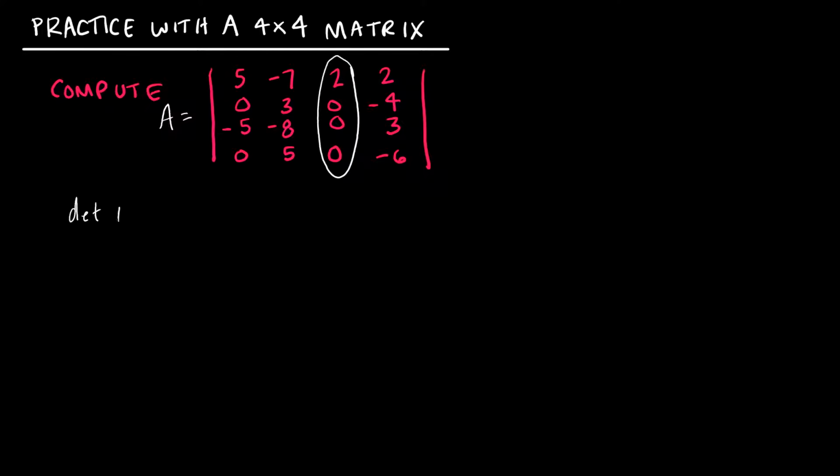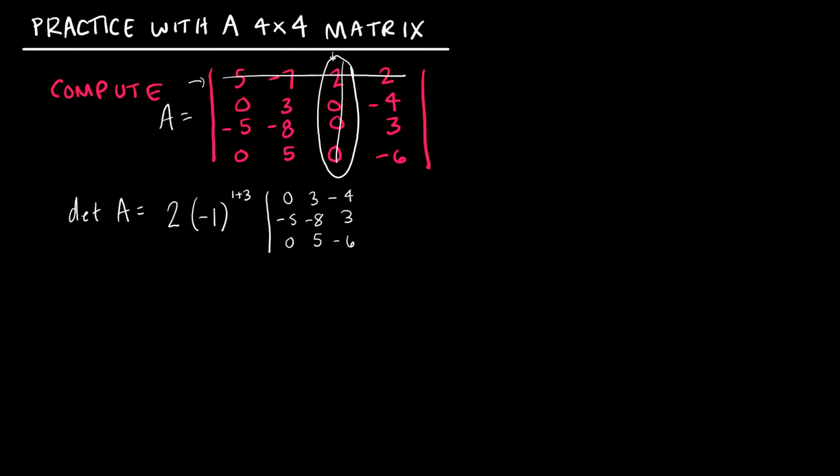So the determinant of A is going to be 2 times negative 1 to the, this is first row, third column, 1 plus 3, and then I'm finding the determinant of what's left over, which is 0, 3, negative 4, negative 5, negative 8, 3, 0, 5, negative 6.